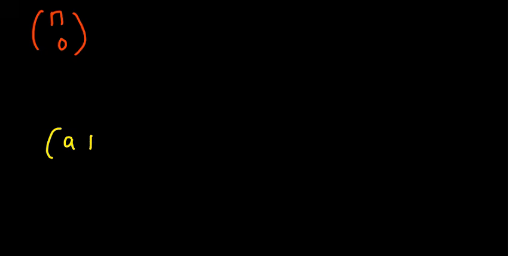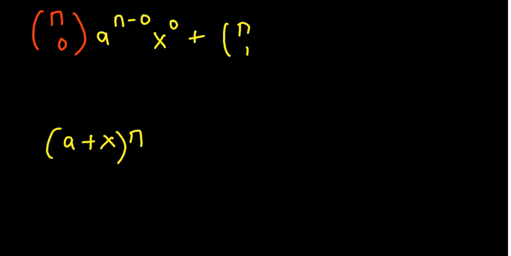a plus x to the power n, always start with n choose 0, and then a will be the difference of what is in the coefficients, and then x will always match up with the value on the bottom. Okay, so again a will be the difference, and x will match up with the bottom, like that.